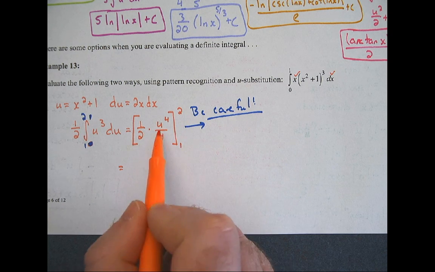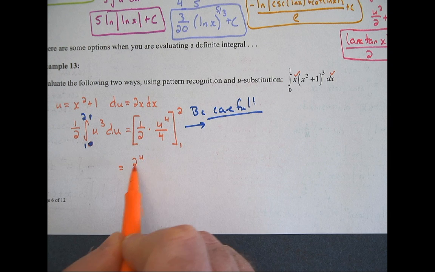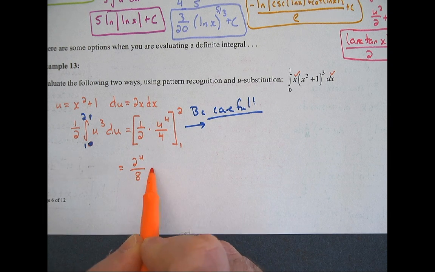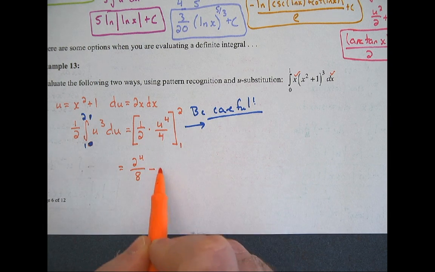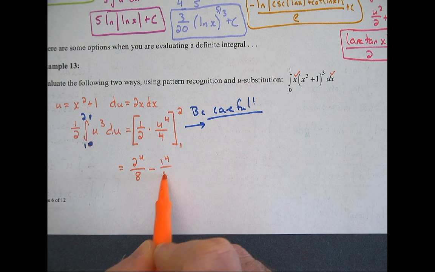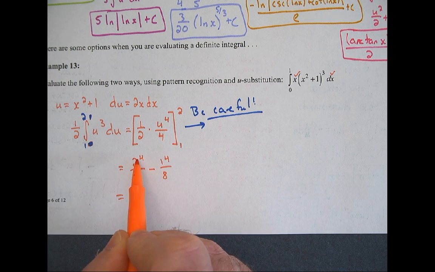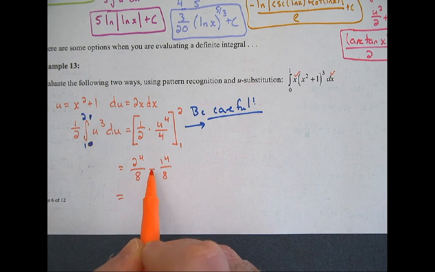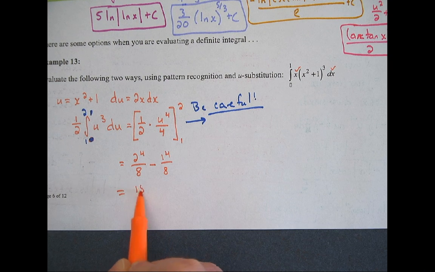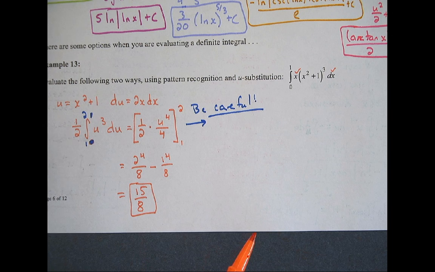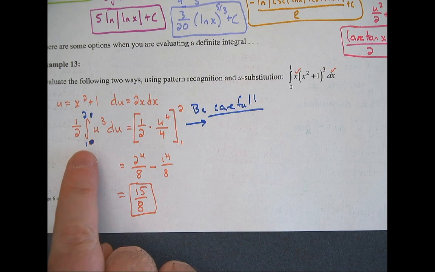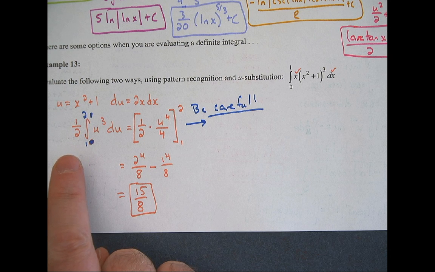So this would be what? 2 to the 4th over 8 minus, put 1 in there, 1 to the 4th over 8. That's 16 eighths, take away 1/8, which would be 15 eighths. So if you're going to integrate with u's, you need to make sure that you convert your limits, your definite boundaries, to u's.